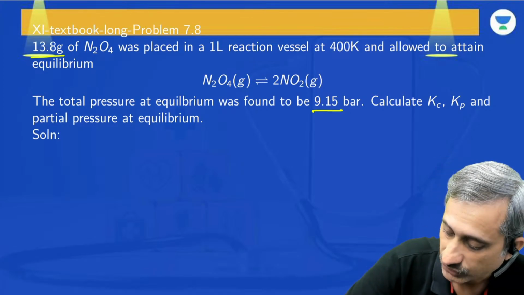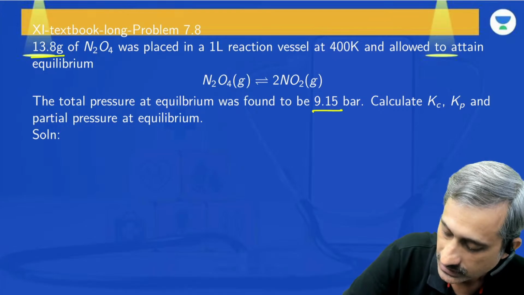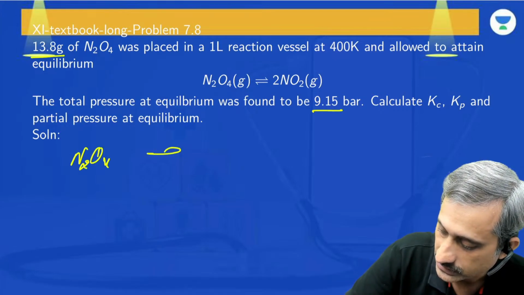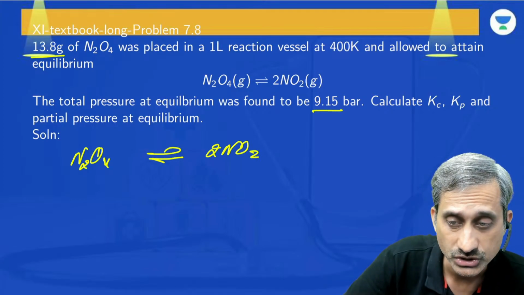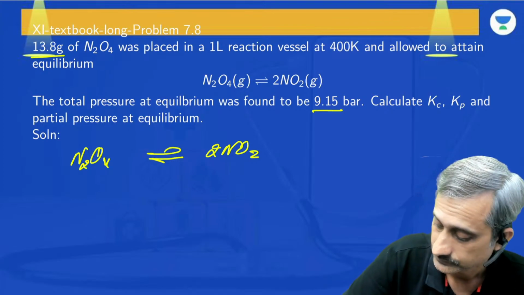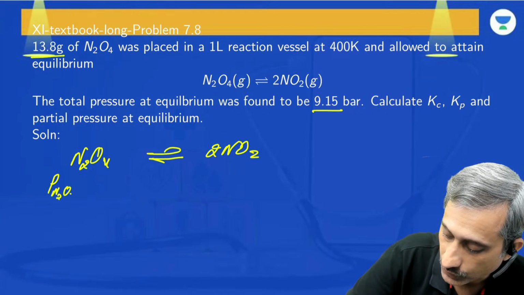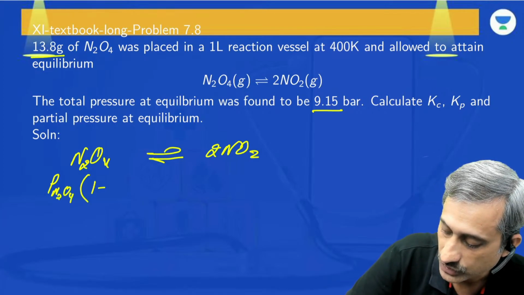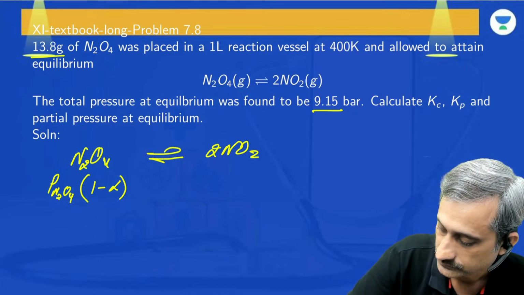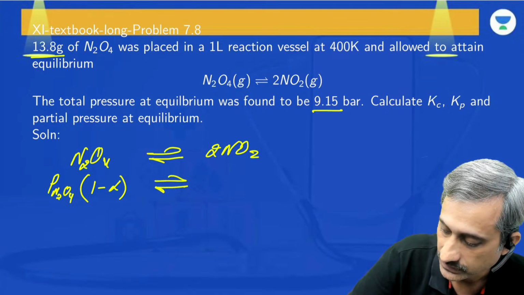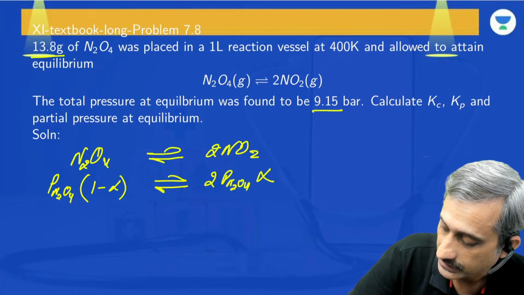Here using 1.38, you are going to find the initial partial pressure of N2O4. Let us say we have N2O4 in equilibrium with 2NO2. Here we can use the degree of dissociation because we have only one reactant. So let's say initial partial pressure of N2O4 is P(N2O4). P(N2O4)(1 minus alpha) will be in equilibrium with twice of P(N2O4) alpha.